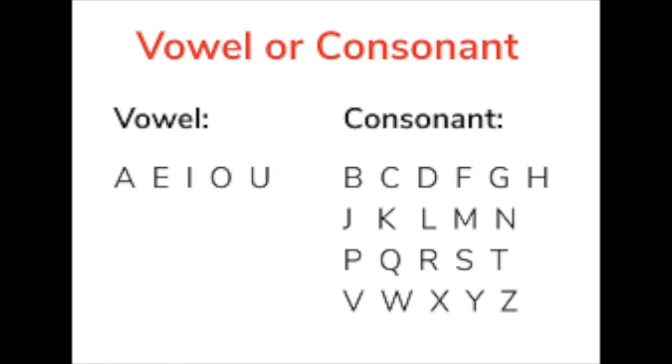For example, in this exercise we have written an apple, an ant, isn't it? And they are starting with a vowel sound. That's why we use an before the words that begin with a vowel sound.